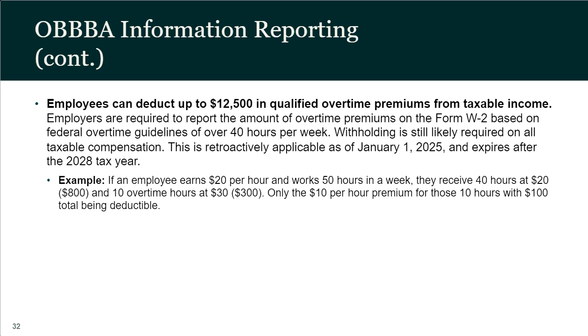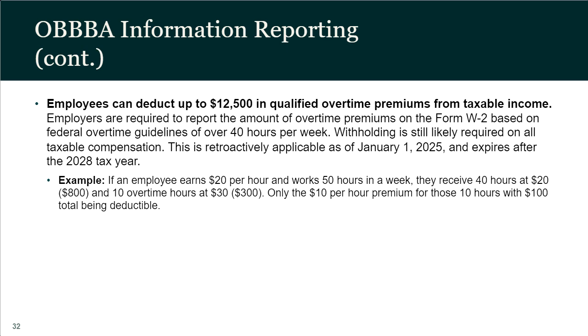Overtime premiums. So employees can deduct $12,500 in qualified overtime premiums from taxable income for the year. Interesting with both of these provisions, they are deductions on the individual tax return. So as of right now, you're not really changing anything from a withholding perspective for individuals. It is more of an individual responsibility.